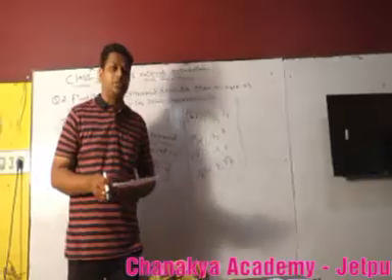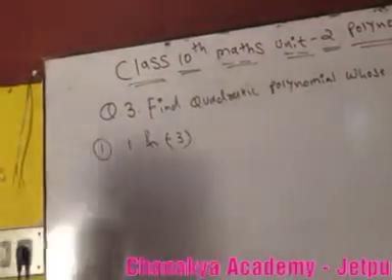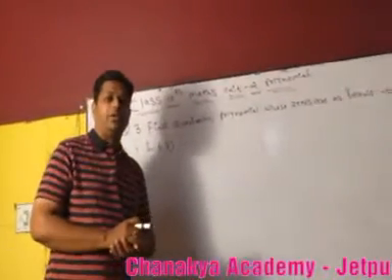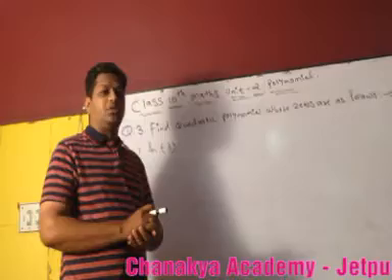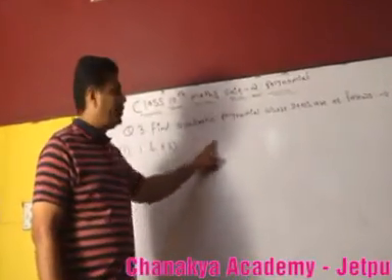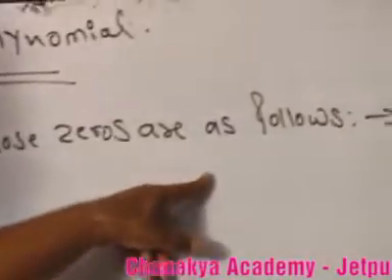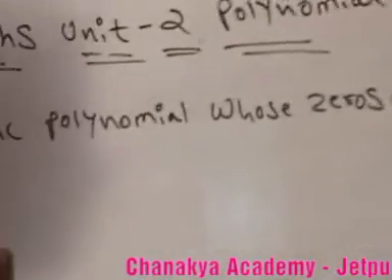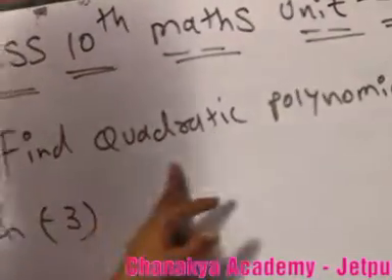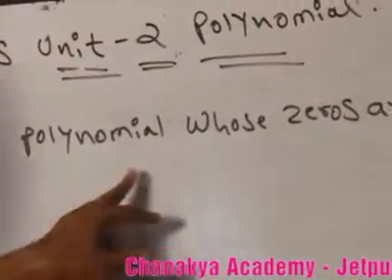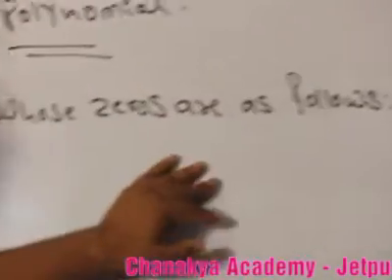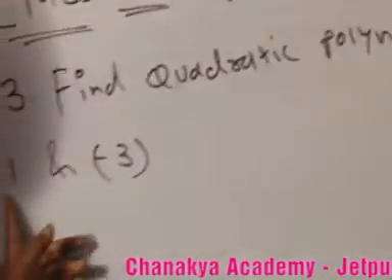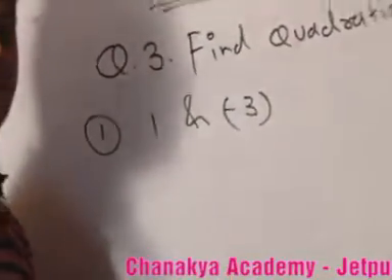Okay students, now we are moving to our next method, in which we find a quadratic polynomial whose zeros are given. Again I am repeating the question. Find the quadratic polynomial. Here the zeros are given, not the sum and product: the first zero is 1 and the second zero is minus 3.